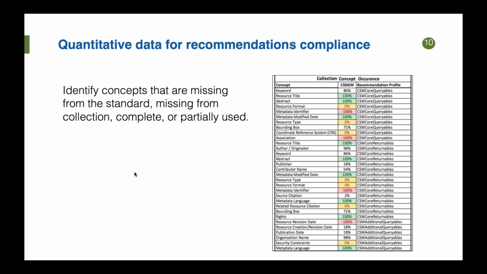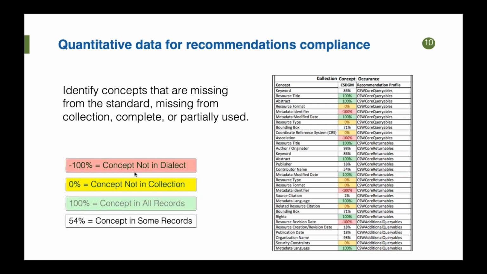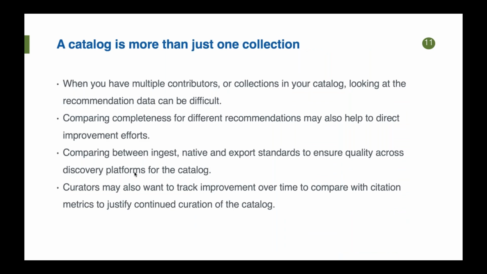So we can create reports, and in these reports we can identify the concepts that are missing from the standard or the collection, which ones are complete or partially used. So here we've got red for concepts that don't exist in a dialect, yellow for things that are in the dialect or standard but not in the collection, green for something that's present in every record, and then just a percentage for things that are present in some of the records.